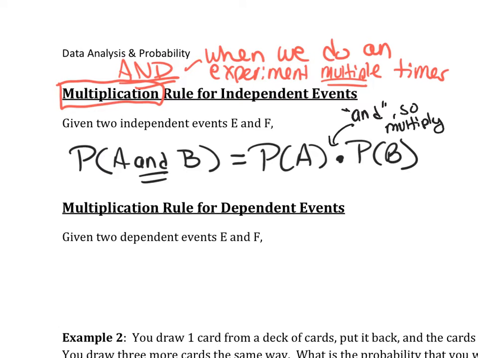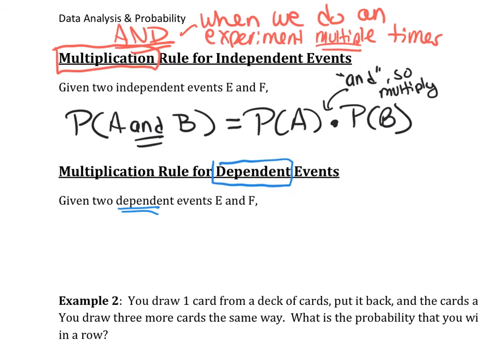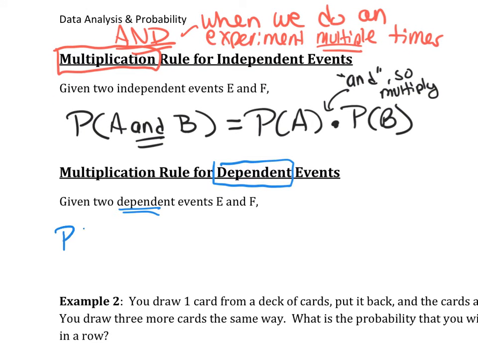Now with dependent events, so again, this is where the outcome of one is affecting the outcome of the other. This is when we don't have replacement, so you draw a card and you don't put it back. To calculate this and probability, you're still going to have the probability of A, the probability of your first event.